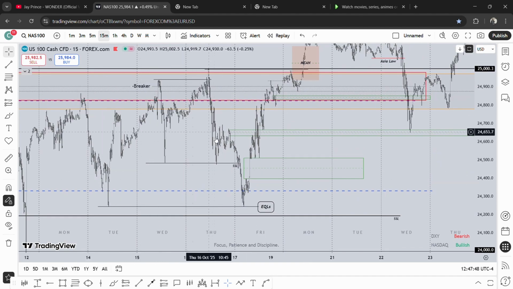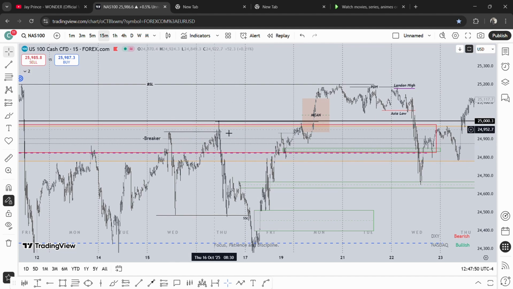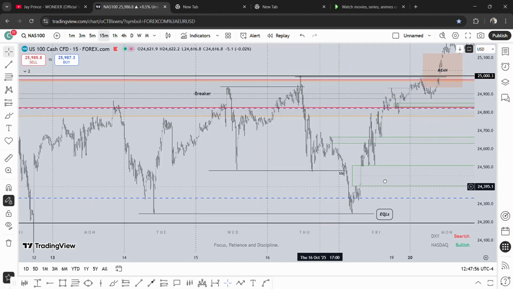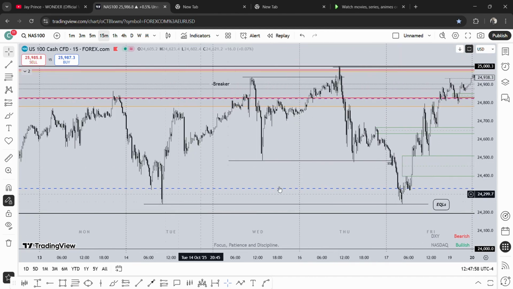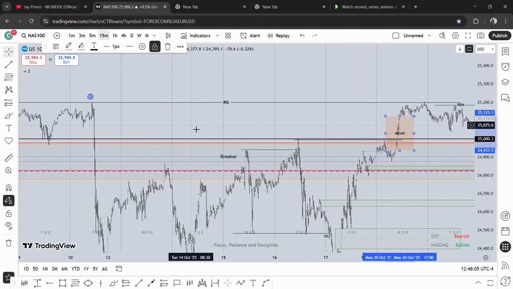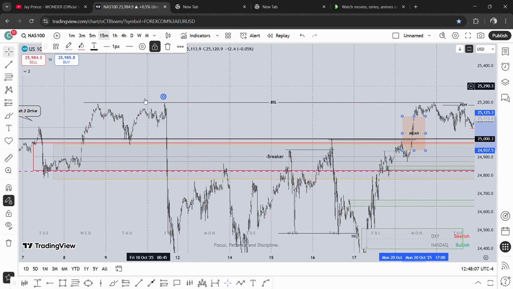Back and forth movement, traded into this resistance level over here, and then retracement once more into this order block over here, right? So at this order block, price made this final expansion towards our buy side. This was our target right here.